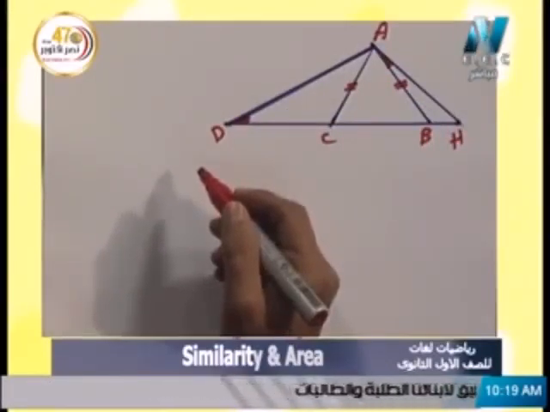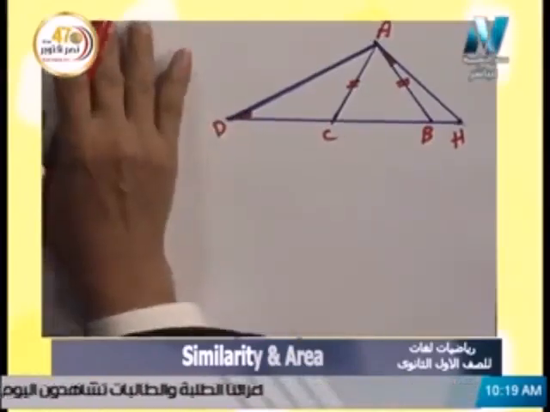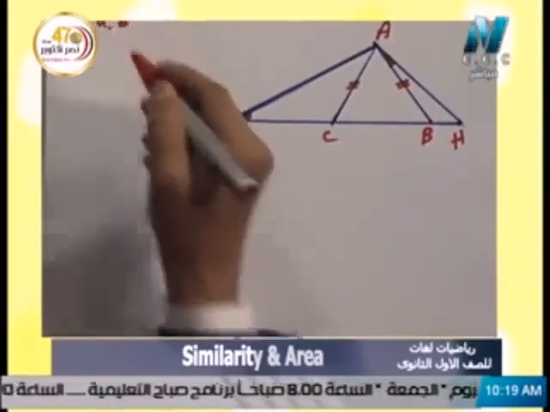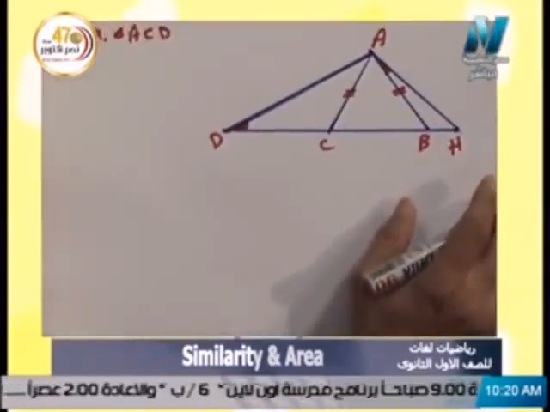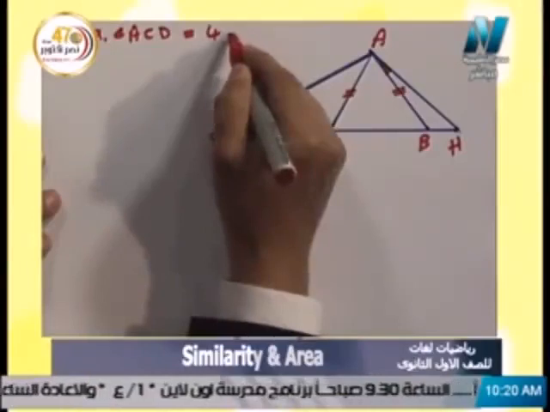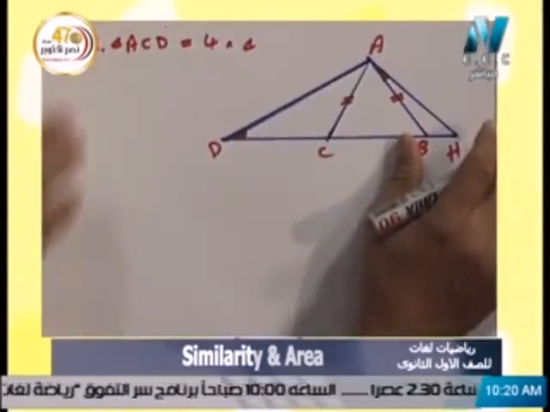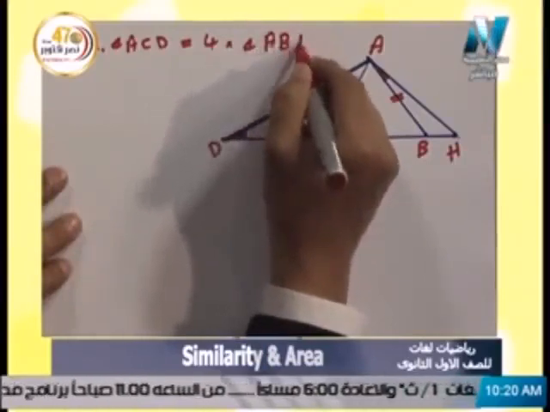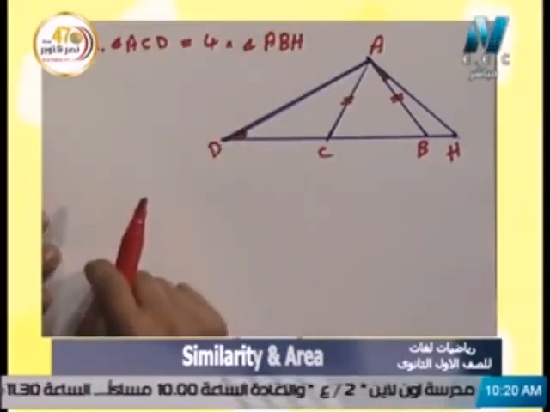Okay, and the area of triangle is given also. The area of triangle ACD, okay, area of triangle ACD equals 4 times the area of triangle, yes, the area of triangle ABH. We have now a relation between the areas of the triangles.